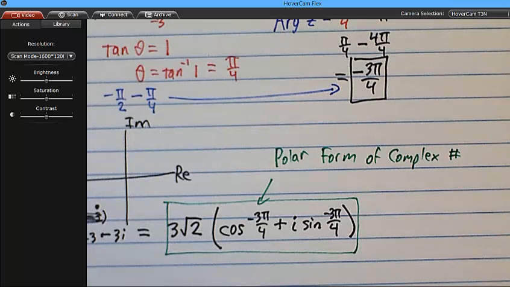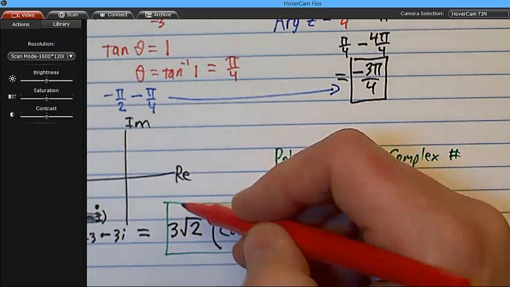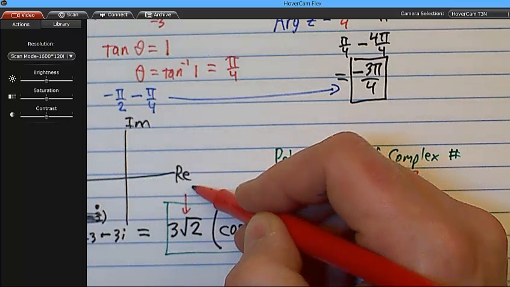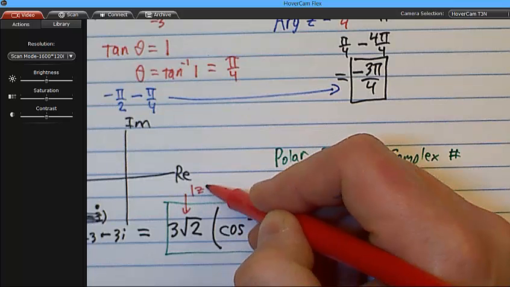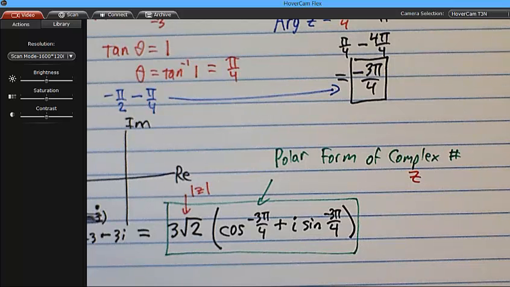Again, when we do the polar form, if your complex number is called z, what you put here is the modulus of z, and then the argument is the angle. And this is where the book has an abbreviation. The book says, all right, we can write it that way, but from now on we're going to write 3 radical 2, and the abbreviation they use is cis.